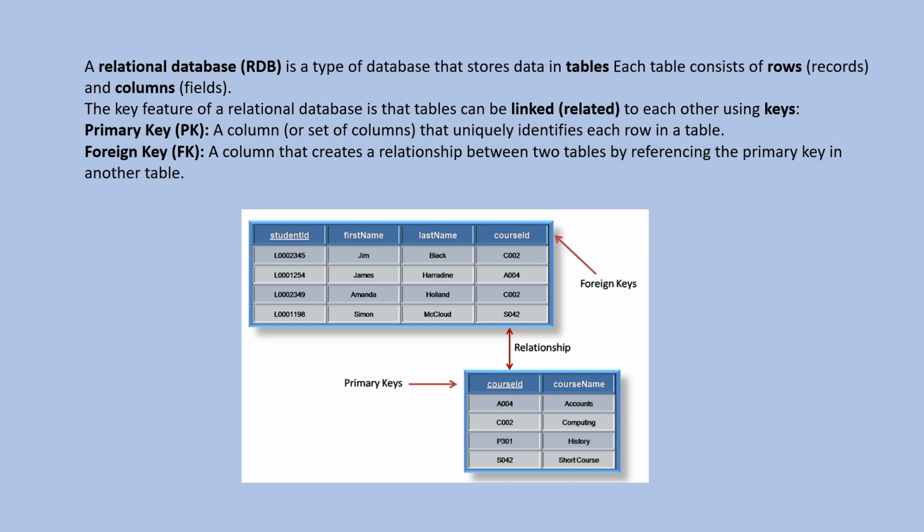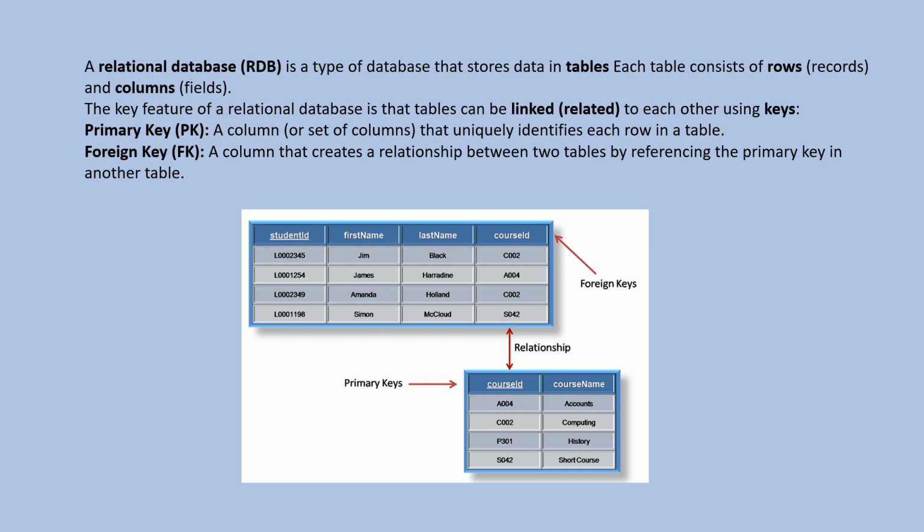So in this way, in a relational database we can have multiple tables, and those multiple tables can be linked to each other with the help of this primary and foreign key relationship. Therefore these databases are called relational databases, and in them we store the data in tables, and a table consists of rows and columns.